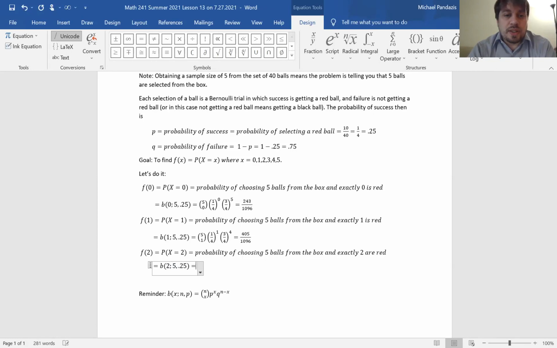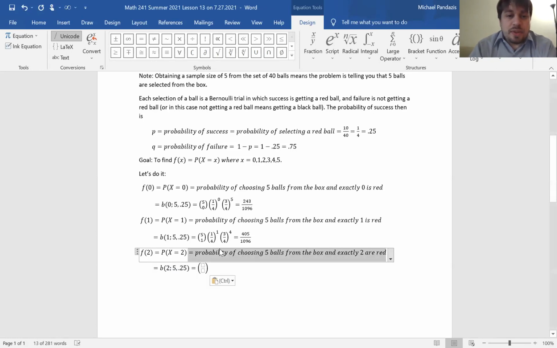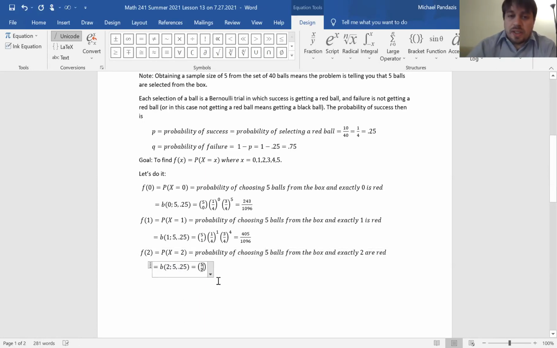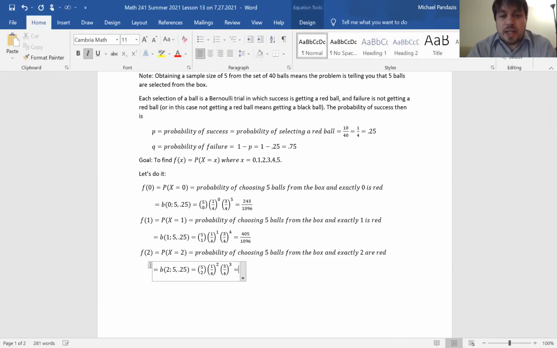Then this is equal to 5C2. You choose 5 balls. How many ways to choose 2 of the 5 to be successes? 1/4 to the second power, 2 successes. 3/4, the probability of a failure, raised to the third power. And then you calculate this product, and excuse me, you get 270 divided by 1096.